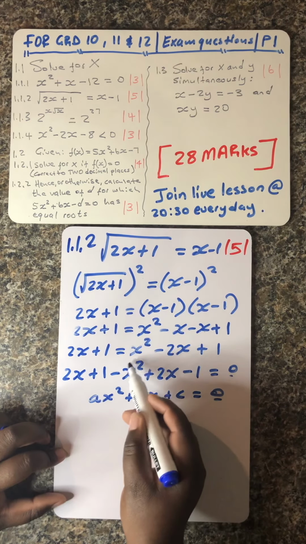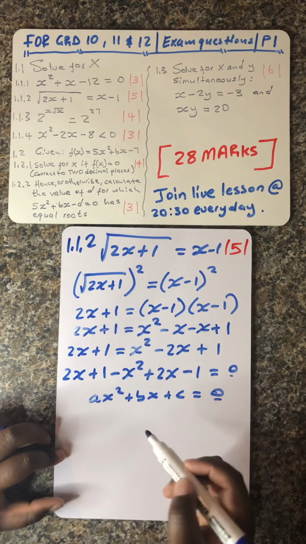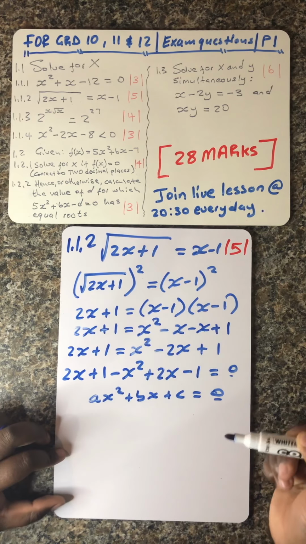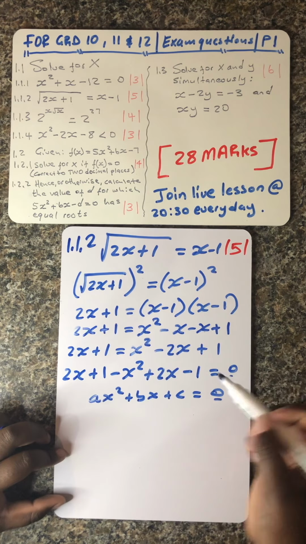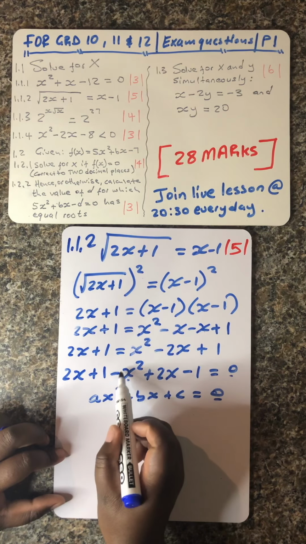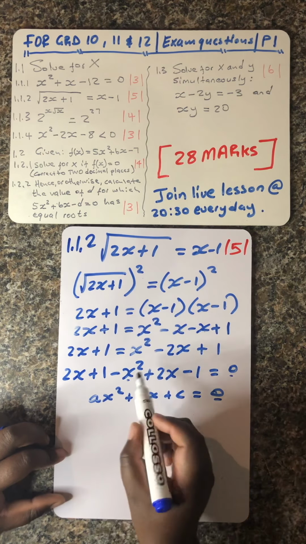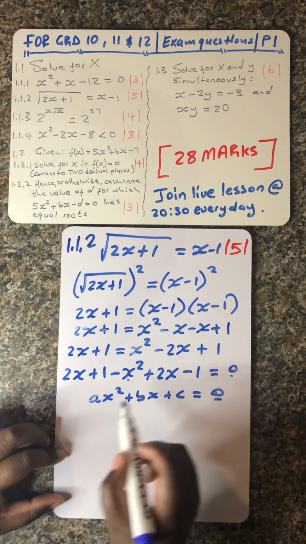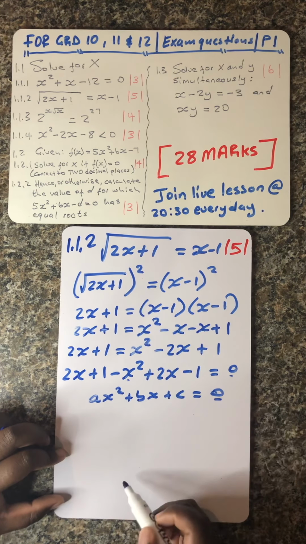Why quadratic? Because we saw there's that square. For each and every equation that you derive, the moment you see x squared, it doesn't matter whether it's 1, 2, 3, whatever number, as long as you've got x squared, you must try by all means to write it in standard form.